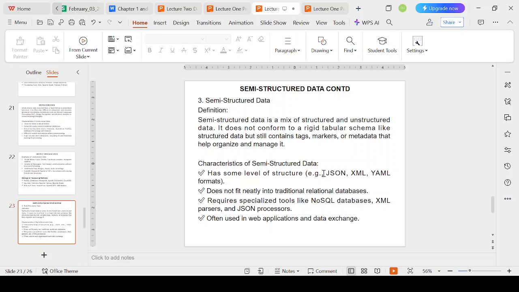Semi-structured data is a mix between structured and unstructured data. Characteristics of semi-structured data: it has some level of structure, does not fit neatly into traditional relational databases, and requires specialized tools like NoSQL, XML parsers, and JSON processors.